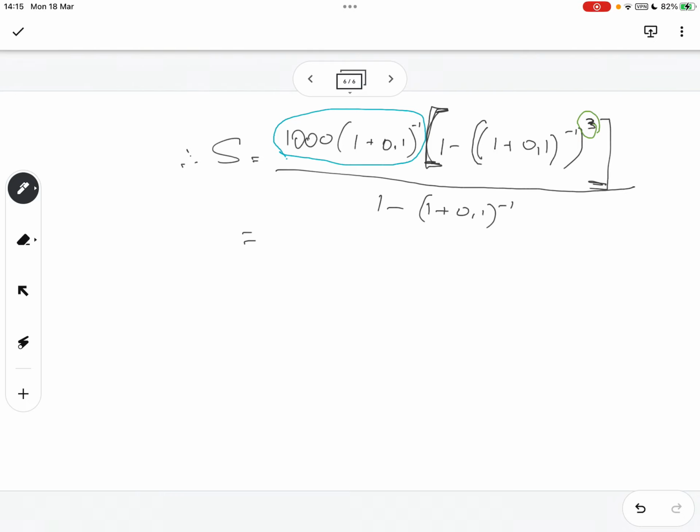Okay, so this times, or rather, you could say when you take this down, it becomes a positive. And the exponent becomes positive. Oh, this one here. Yes. So it becomes 1000 divided by 1 plus 0.1 to the power negative 1, positive 1 this time, because it's now a denominator.